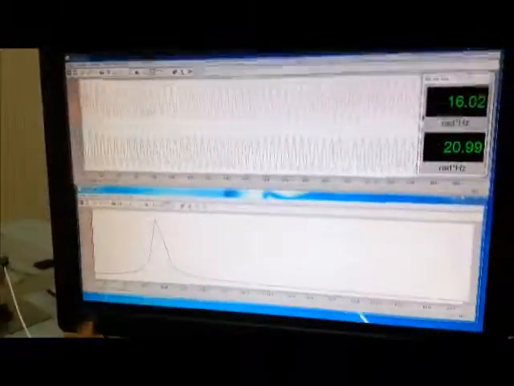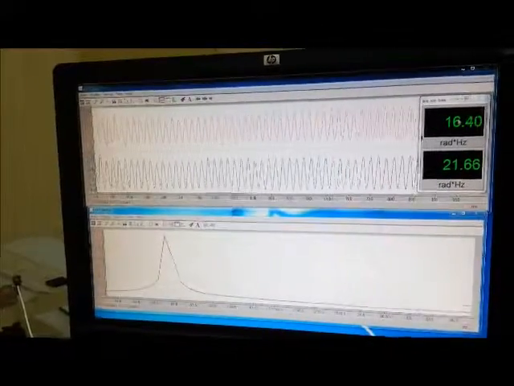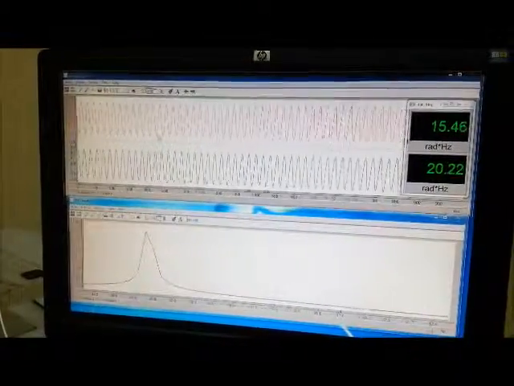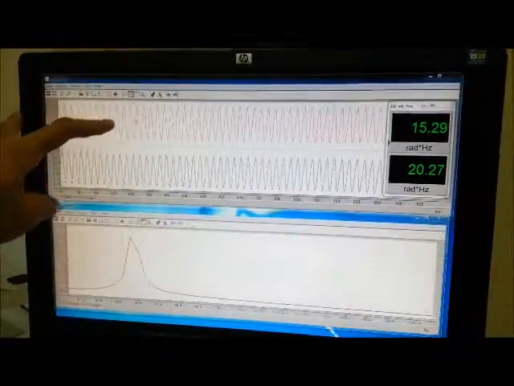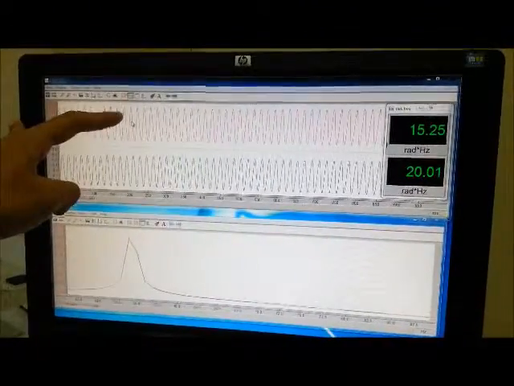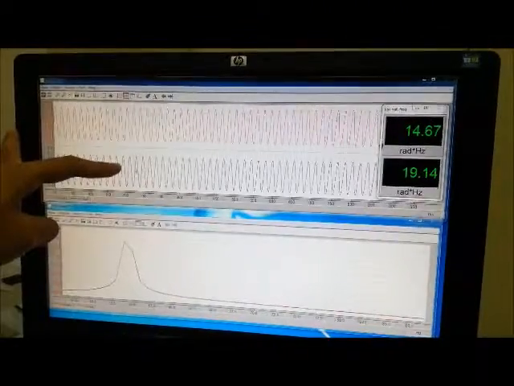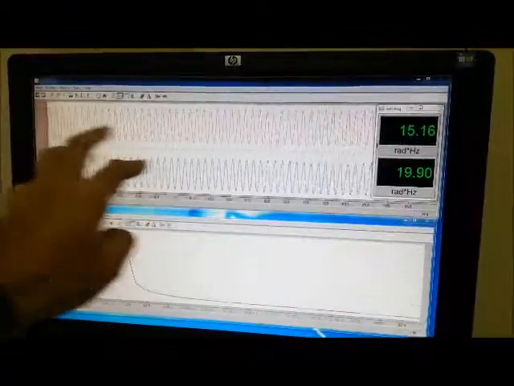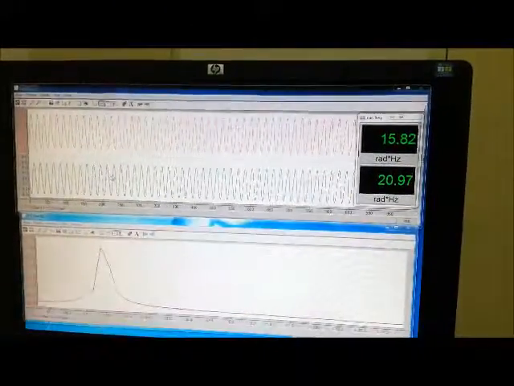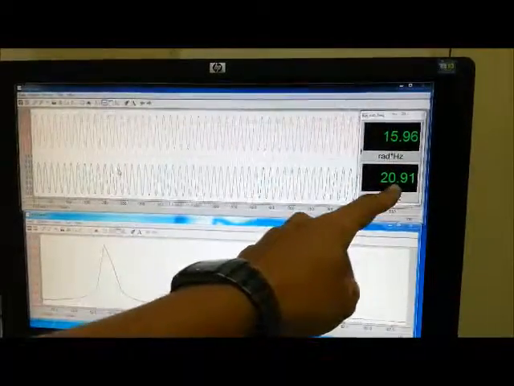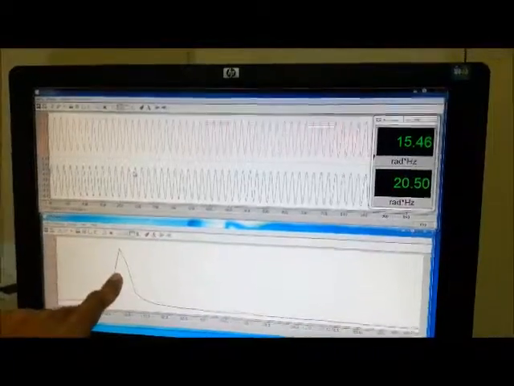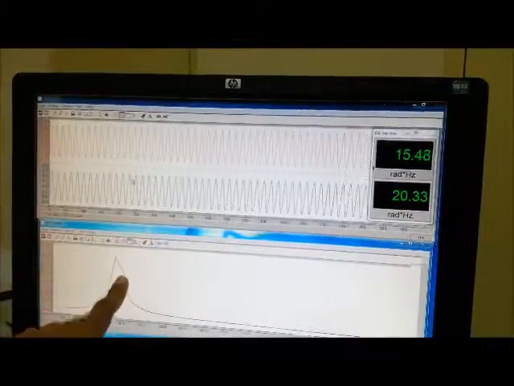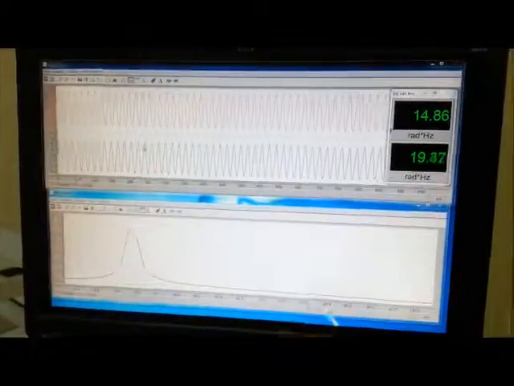We get the value for both natural frequencies, and this is the signal for sensor 1, and this is the signal for sensor 2, and this value is for natural frequency 1 and natural frequency 2. This is a graph after we use the FFT to get the value of the natural frequency.